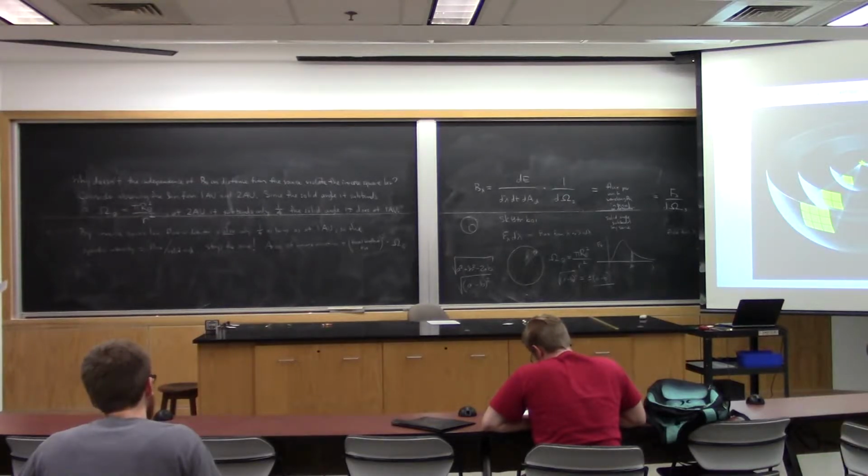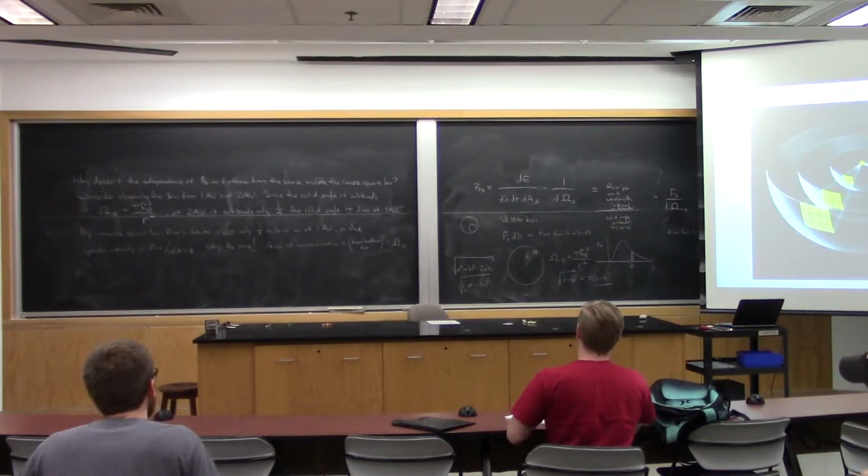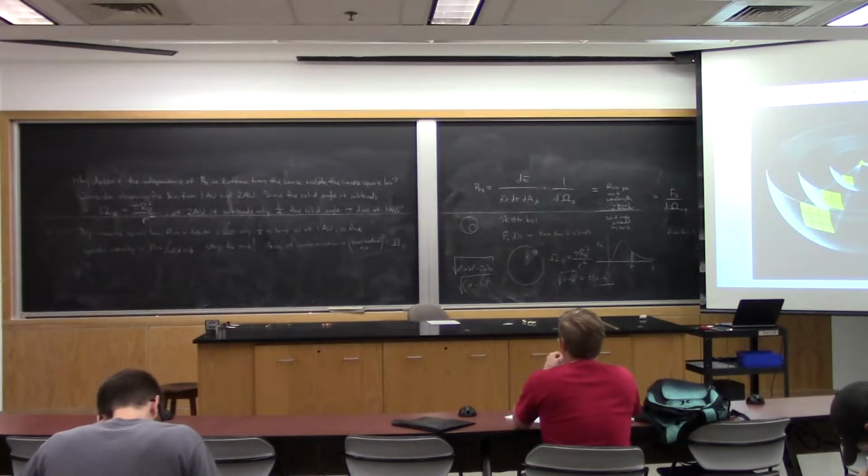Since the solid angle is the area divided by the focal length squared, as we were talking about before, turn it around, and the area is the focal length squared times the solid angle.